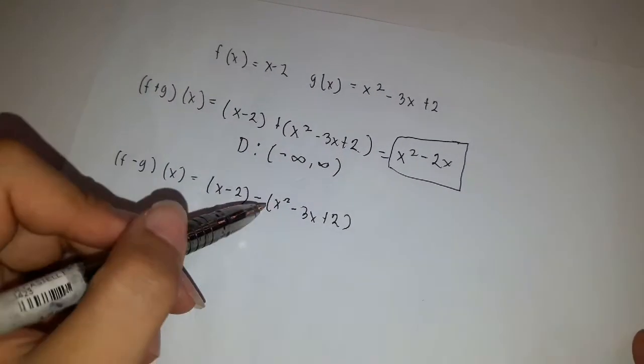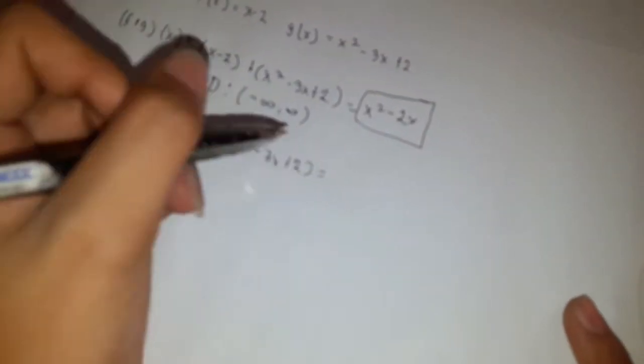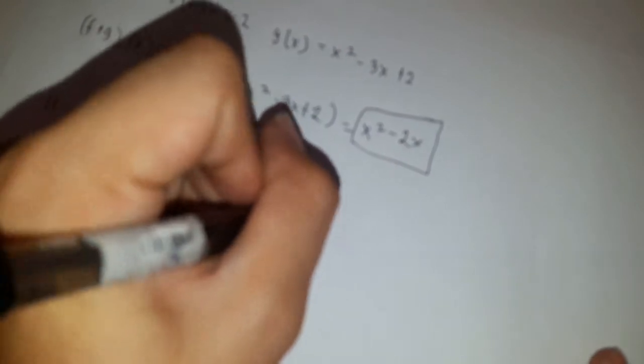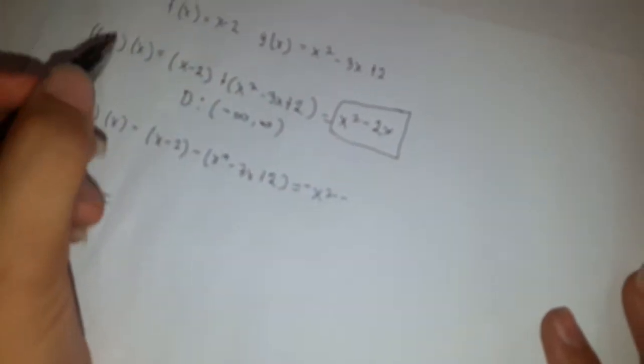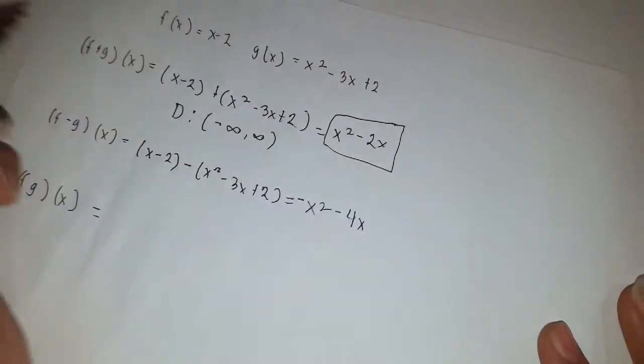I have to make sure it's subtraction, not just x squared, but I'm subtracting all of these values. So in reality, this is x, so I have to subtract, so negative x squared. Therefore, I have minus negative 3x, which is plus 3x. x minus negative 3x, double negative, so it's 4x.